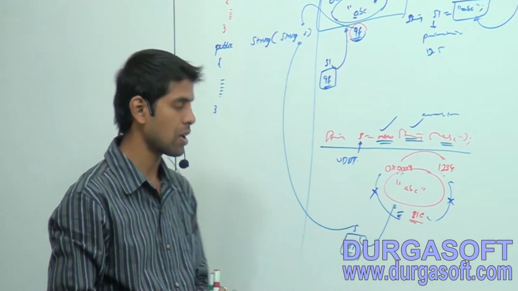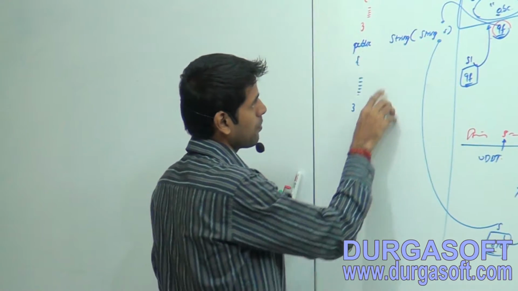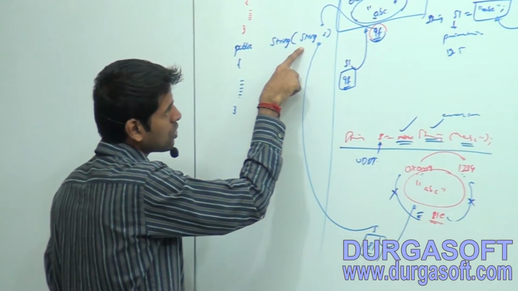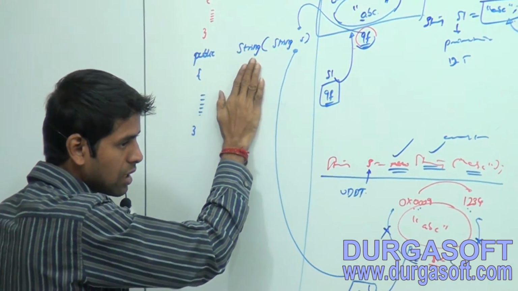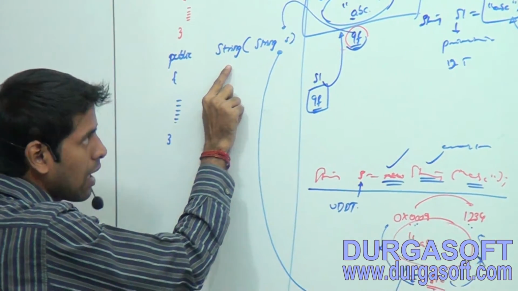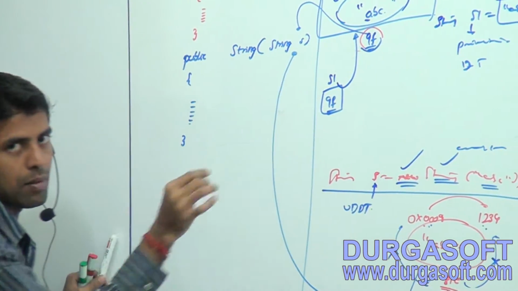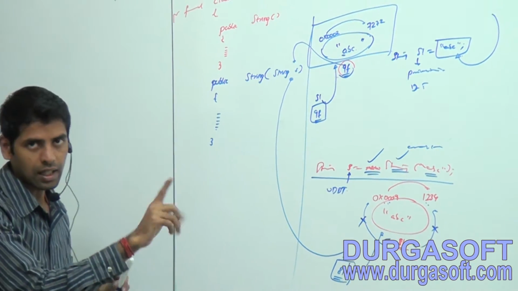Now observe here, this is public String. For this constructor, as an argument I am having a string s.